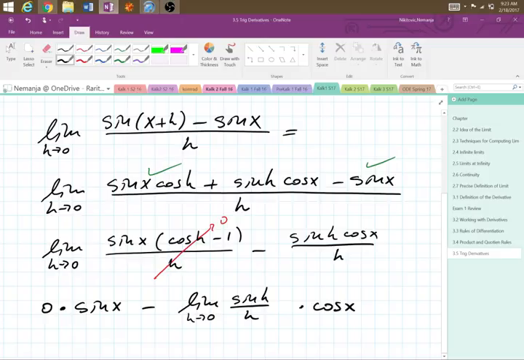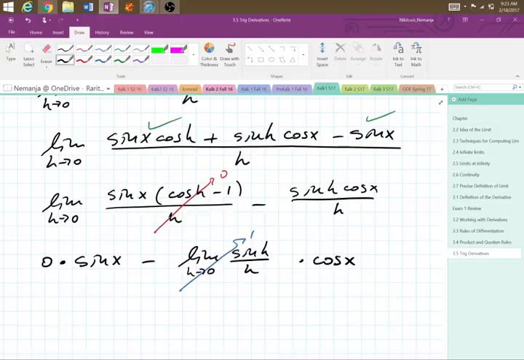Now this part goes to 1, and the whole thing is cosine x. Oh, it's a plus. It's this sign. There we go. So it's cosine x. Awesome.